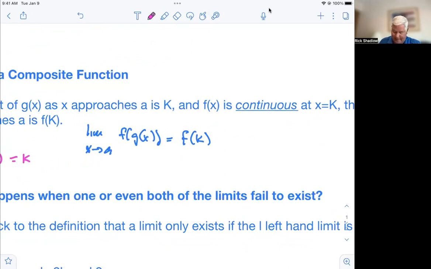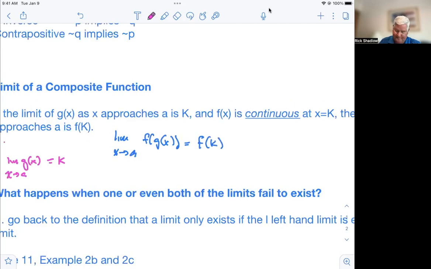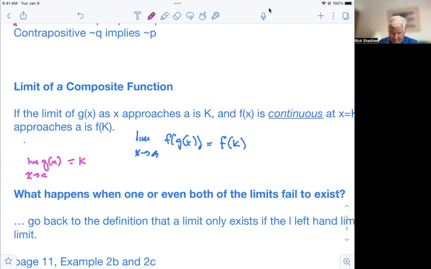So here's the end result of that. Again, the converse of this is not true, so don't overstep your bounds here. The limit of the inside function, g of x, has to exist first of all, and then the outer function has to be continuous at that value.